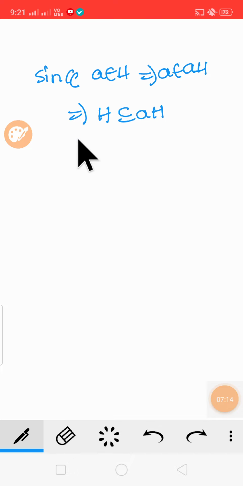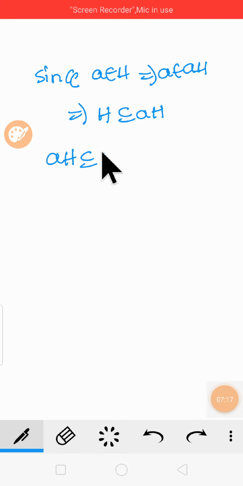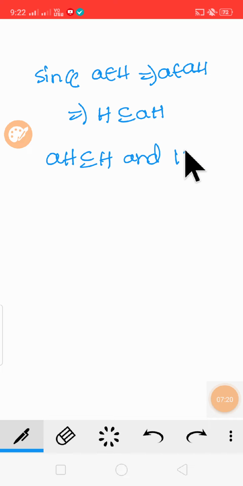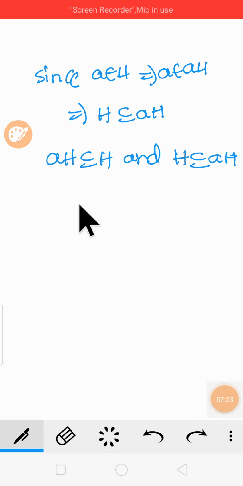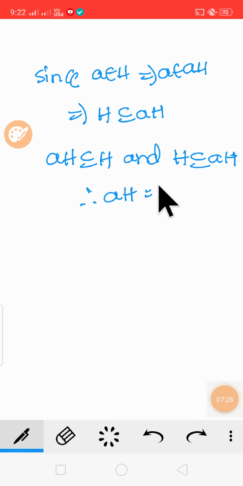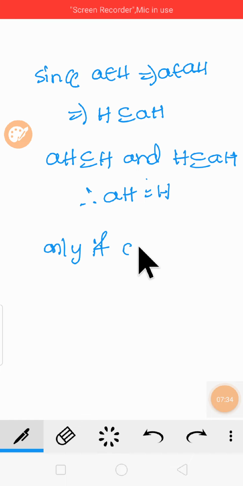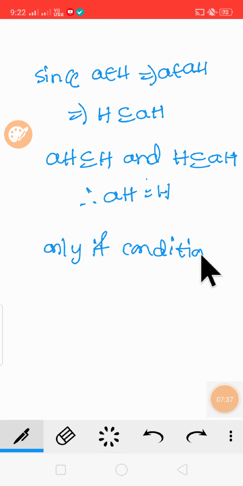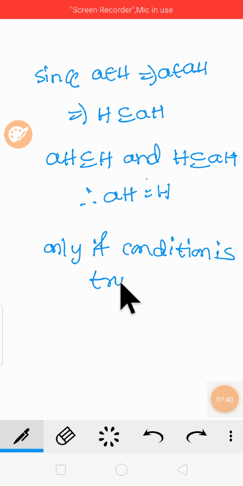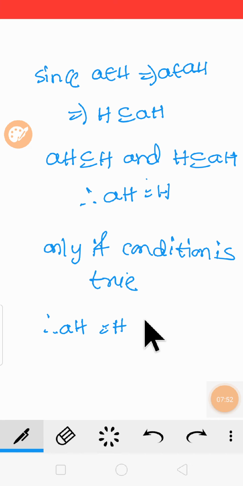From these two conditions, aH is a subset of H and H is a subset of aH, therefore aH = H. Only if condition is true. Therefore aH = H if and only if a belongs to H.